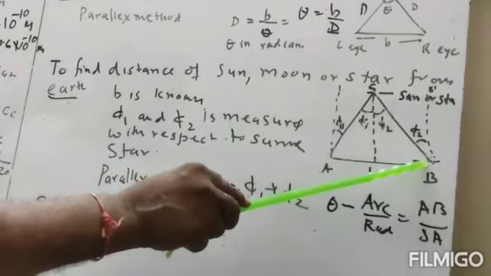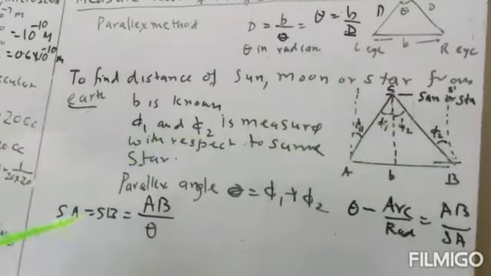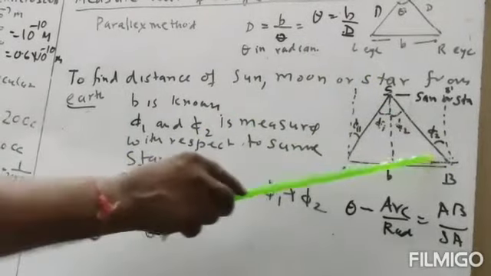So we will just put them in this equation. SA or SB, the distance of the sun from the earth, will be equal to the basis AB divided by theta.